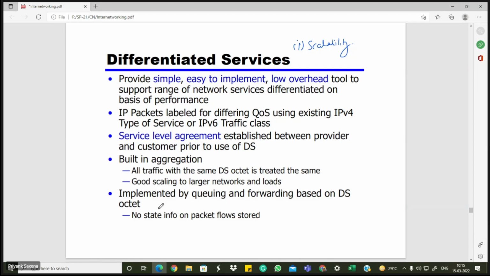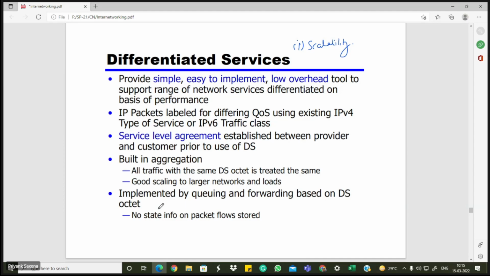As the burden on the internet grows and the variety of applications grows, there is an immediate need to provide differing levels of quality of service, so more variety is required and scalability should be checked, right? So the differentiated service architecture is designed to provide a simple, easy to implement, low overhead tool to support a range of network services differentiated on basis of performance, right?